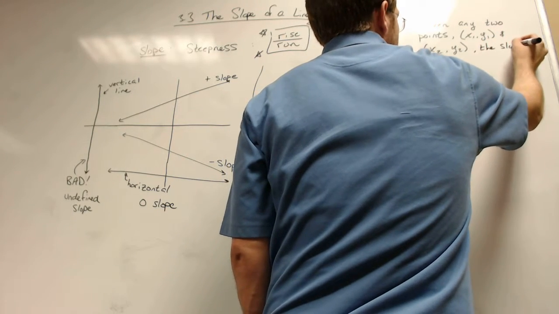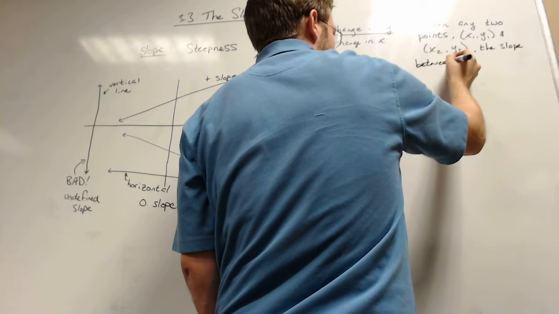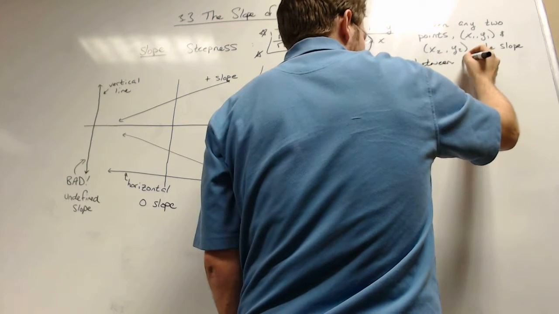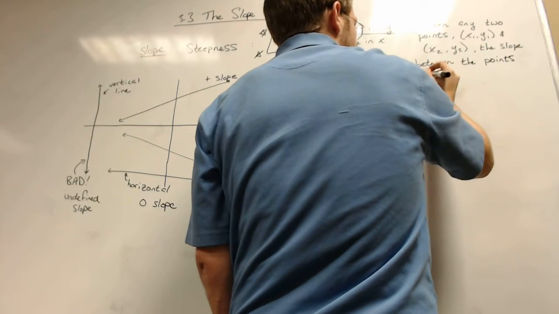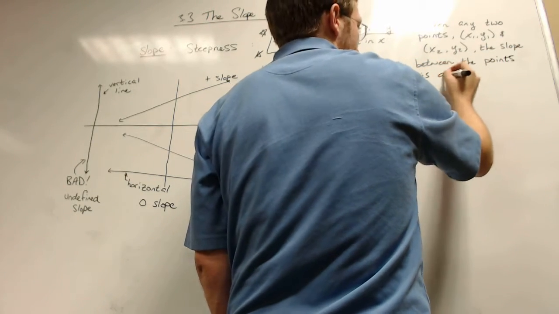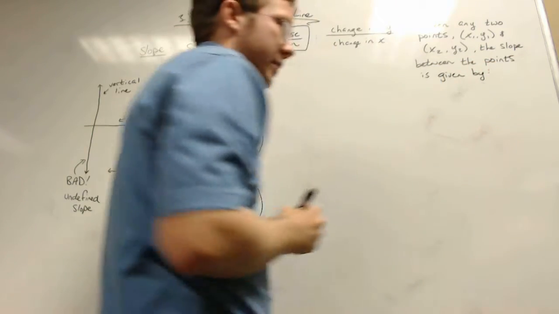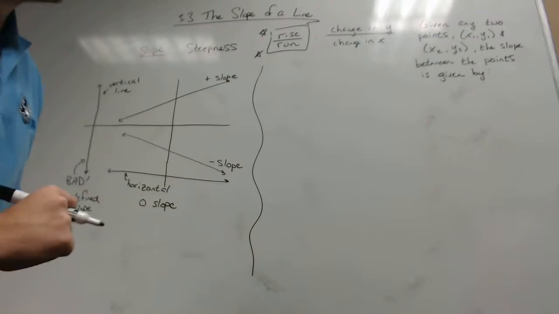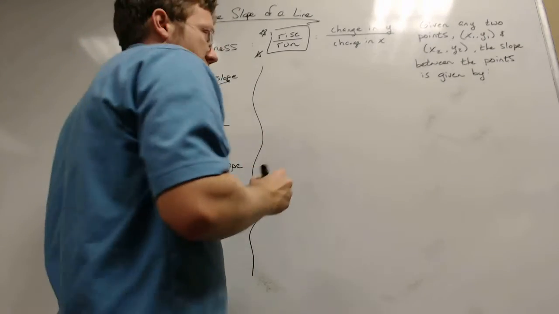The slope between the points is given by, here's our mathematical definition of it, the way that we'll figure it out computationally.